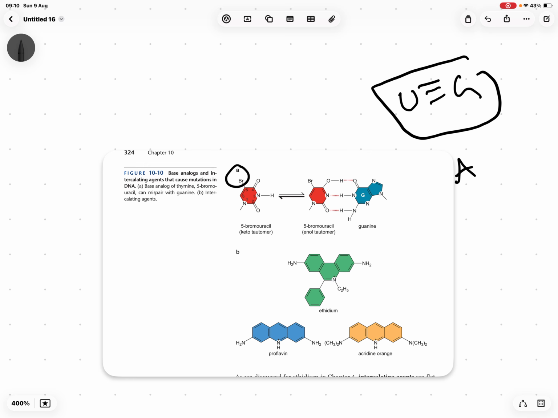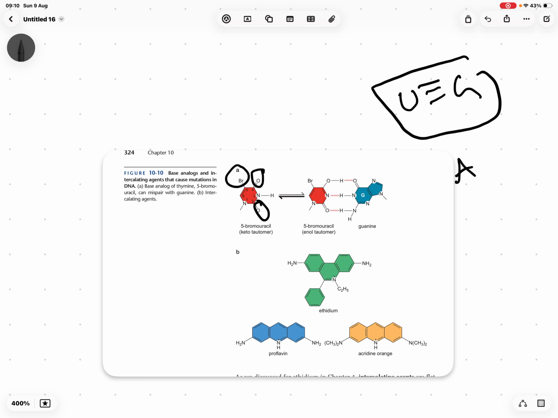Therefore this type of base analog, like 5-bromouracil, is actually a thymine analog. Its structure is everything similar to thymine, except that a bromine is present on its fifth carbon atom.